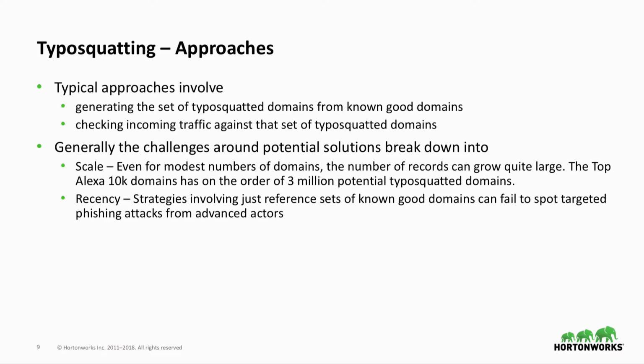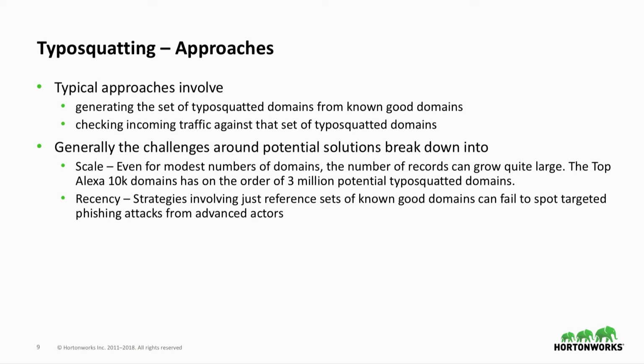But for spearphishing attacks, where it's more personalized, where the attacks are more directed at an individual person, it really becomes a challenge about keeping that list up to date. More on that later. So you generate a set of typosquatted domains from the known good domains, right? So you generate all of the kerning errors and the homoglyph type errors, and then you have a big set, essentially.